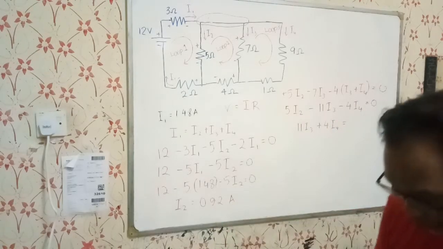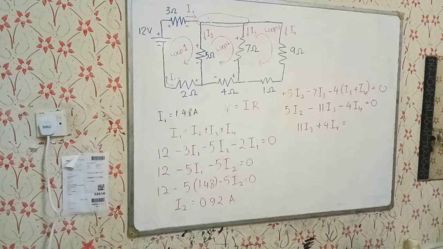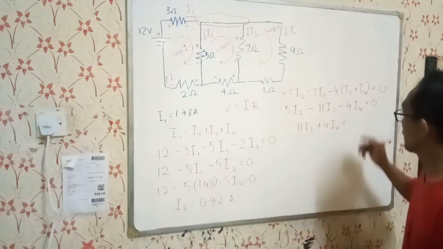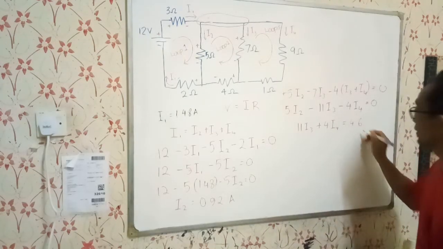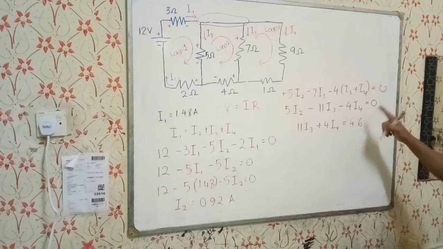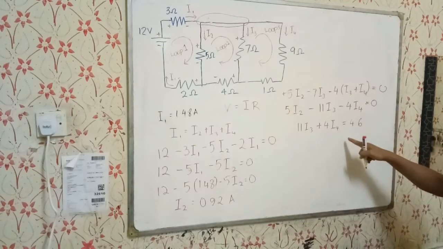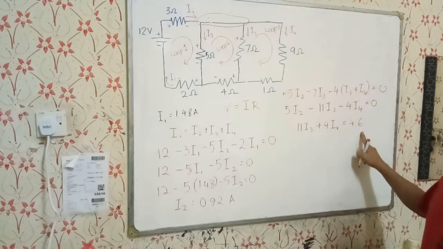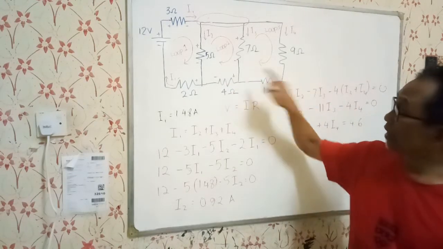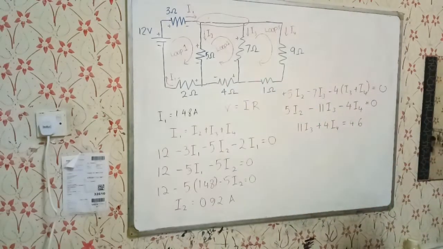I2 is 0.92, so times 5 it will be 4.6. Okay, so we have an equation established by the loop rule for the second loop.